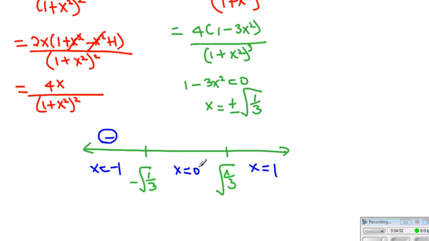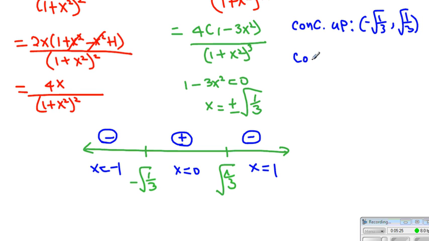Once you plug in 0, everything will cancel out except 4 over 1, which is positive. How about here? When x equals 1, you're going to get the same result as when x equals negative 1, through the negative sign. So here, let's try to write it down. Concave up is from here to here, so we're going to write it as negative square root of 1/3 all the way to square root of 1/3.